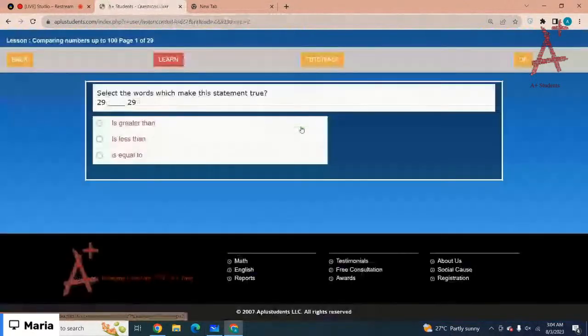Okay, select the words which make the statement true, 29 and 29. Which is the correct option? 29 and 29, they are exactly equal. So the correct option is 29 is equal to 29.